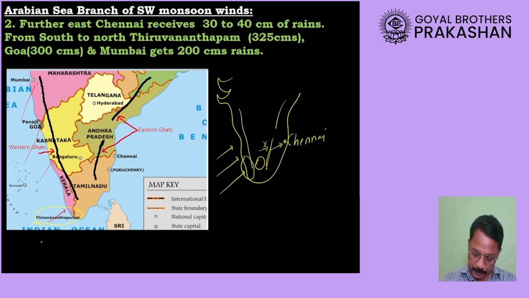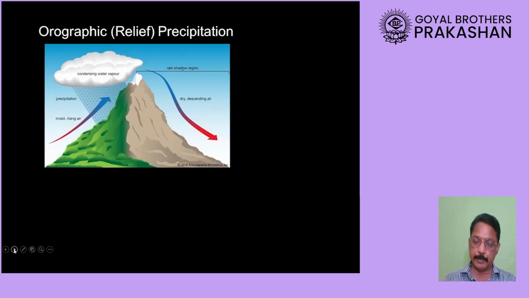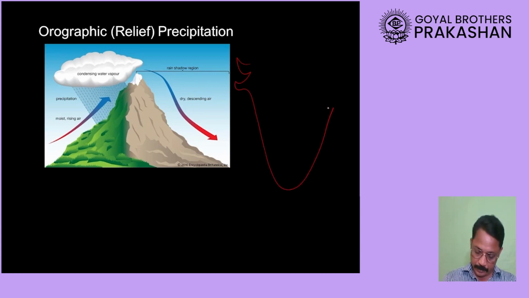Now let us look at the next important thing. As I told you some time back, here is Western Ghat. This side is known as windward side, whereas this other side is known as leeward side.